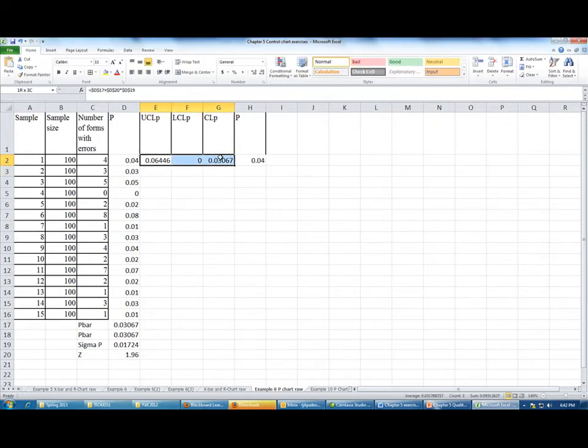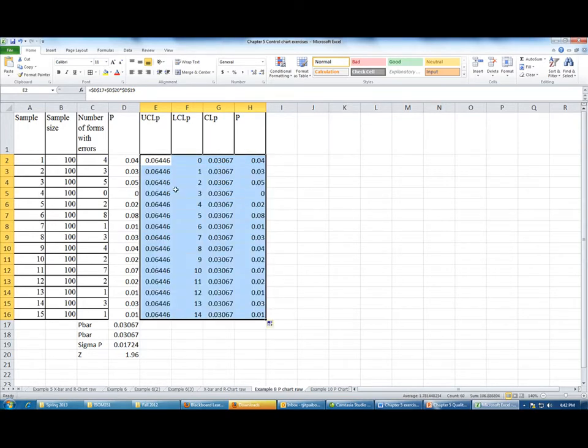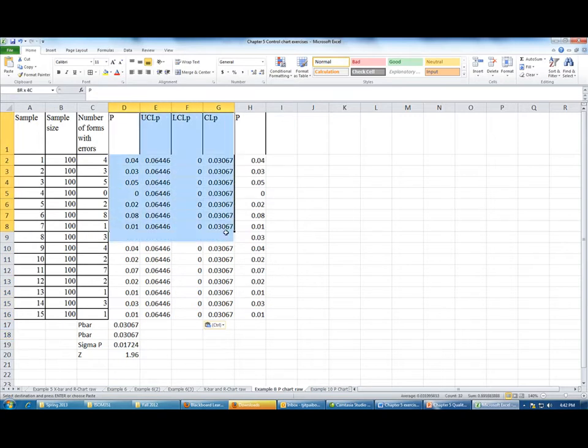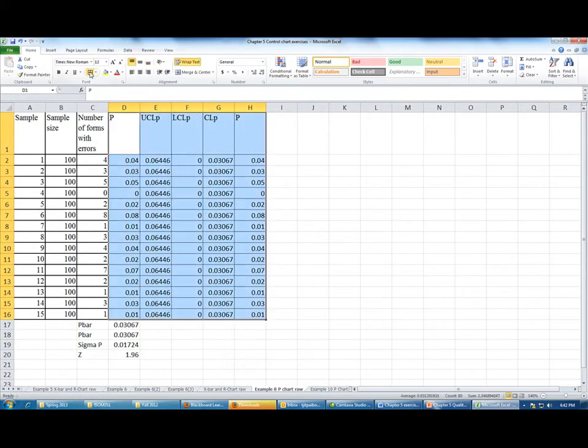Okay, once we have that, make sure that all of it is changed to 0. Okay, now we're going to draw a control chart.